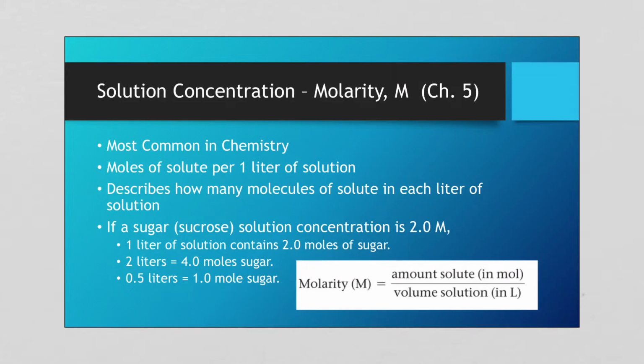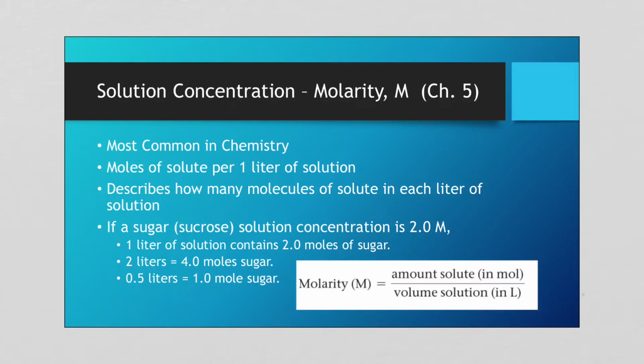You've used it already in labs as a way to figure out moles in a given volume of solution, etc. So in a lot of ways, molarity is used as a way to go back and forth between moles of solute and volume of solution.